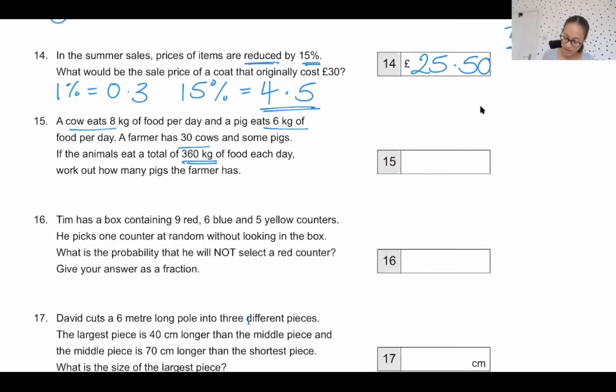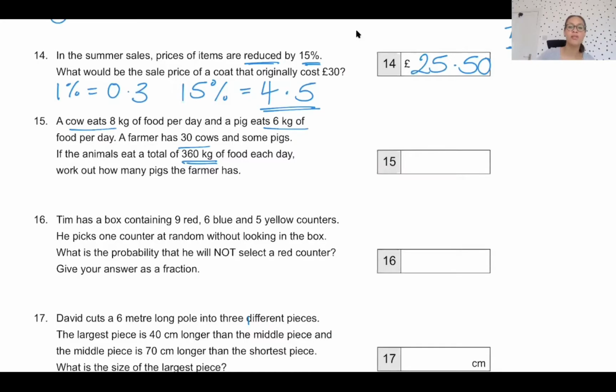So a pig eats 6 kilograms and he gives 360 kilograms of food. So after you've taken off how much the cows have had, you do 360 take away 240, and you've got 120 kilograms left over. If each pig eats 6 kilograms each day, hi Christian, sorry about that, then we do 120 divided by 6, and we get 20. So our answer should be 20.